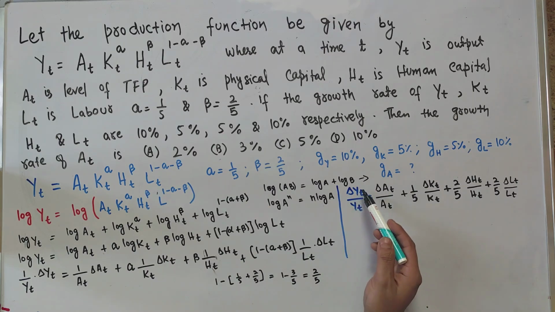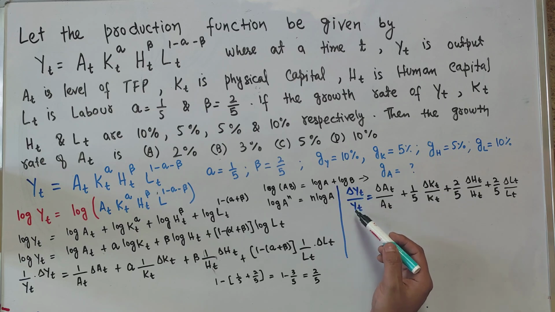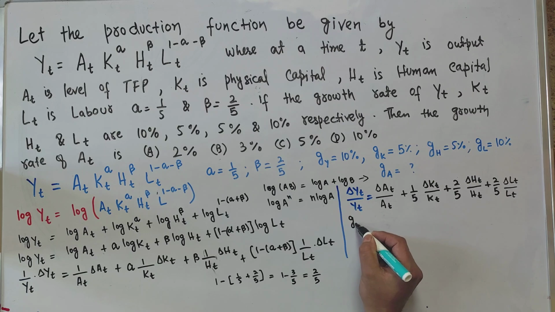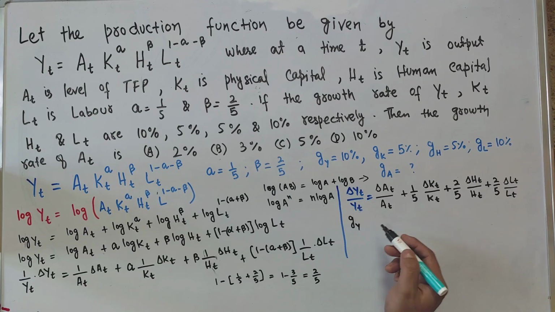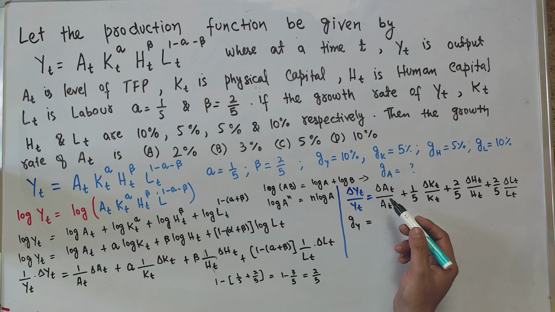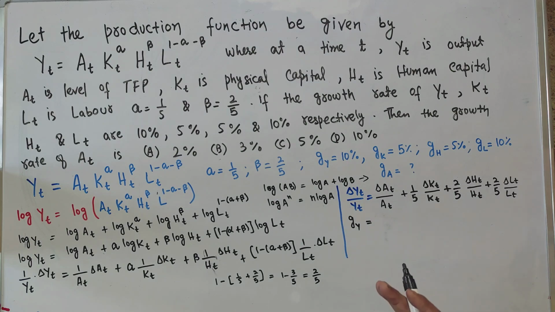Okay, now what is del yt upon yt? This shows the change in the output divided by original output. It denotes the growth rate of y, that means the growth rate of output. Similarly, the change in technology, total factor productivity, upon the original. Simple thing, when some function changes and when we divide it by the original function, we get the growth rate.